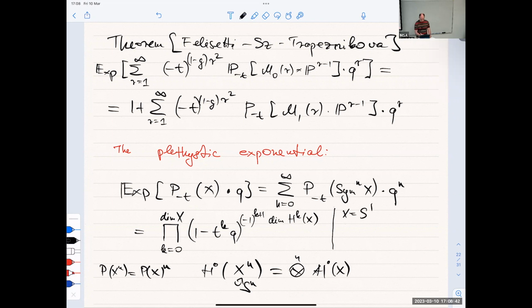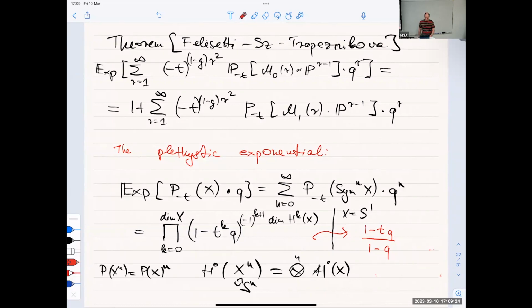Then the odd cohomology will be in the numerator and the even cohomology in the denominator. So you get something like (1 minus t) times Q divided by (1 minus t)(1 minus Q), with the odd cohomology at the top and the even cohomology at the bottom. Then you look at this generating series in Q and you develop it, and that's it.